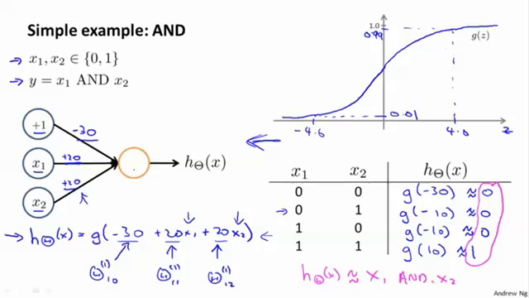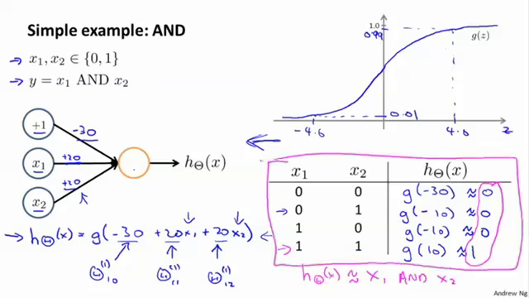In other words, it outputs 1 if and only if x1 and x2 are both equal to 1. So by writing out our little truth table like this, we managed to figure out what logical function our little neural network computes.